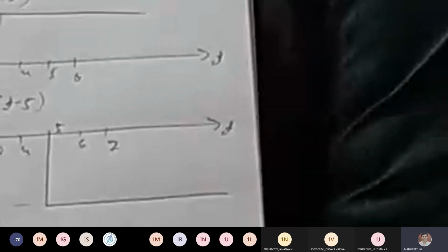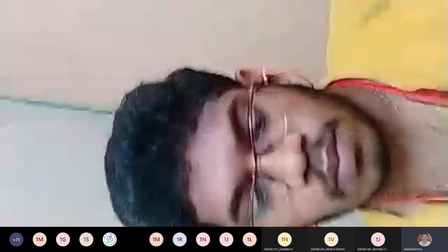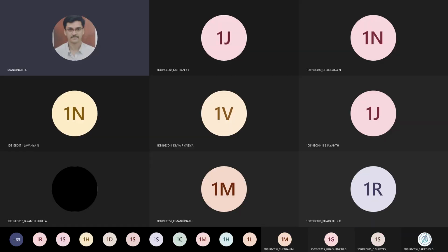I think something blur has happened. Okay, fine. So 2 people have shown. Yeah, Arshita, you are about to show the waveform. Others also, those who are done, you can focus on the screen so that I'll come to know whether you understood or not.